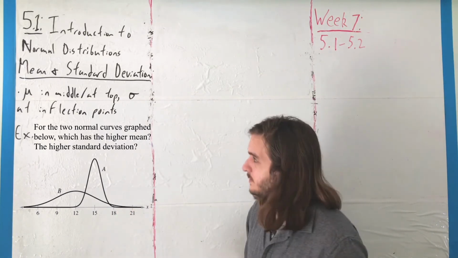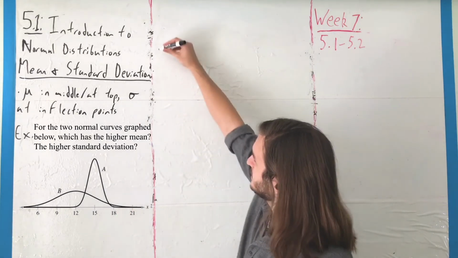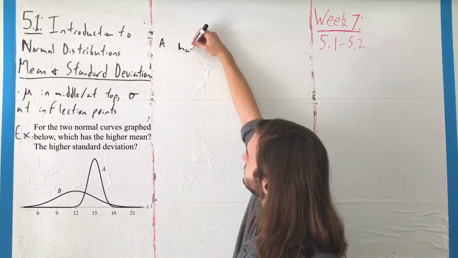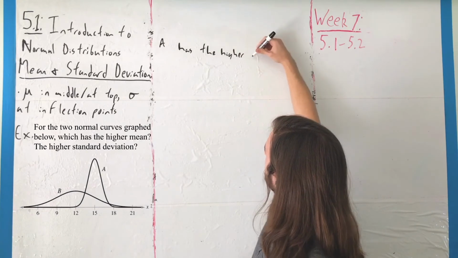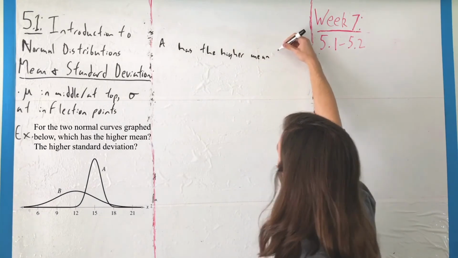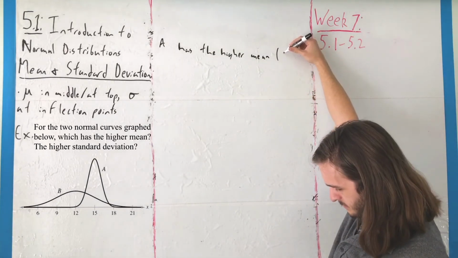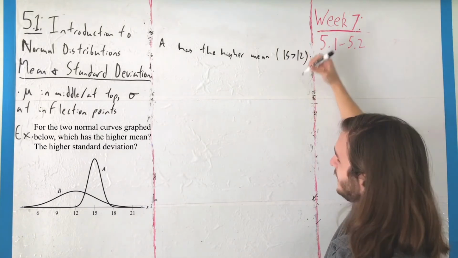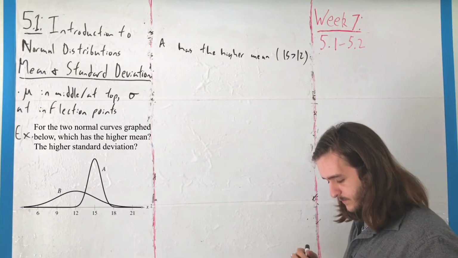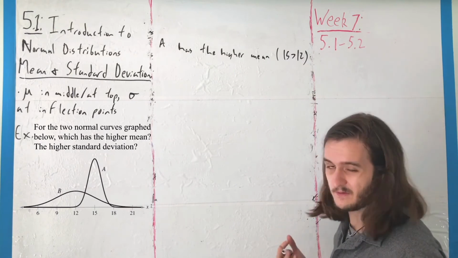For this one, we would have that A has the higher mean, where in this case, the comparison would be something like 15 for A and 12 for B. It's a rough estimation.